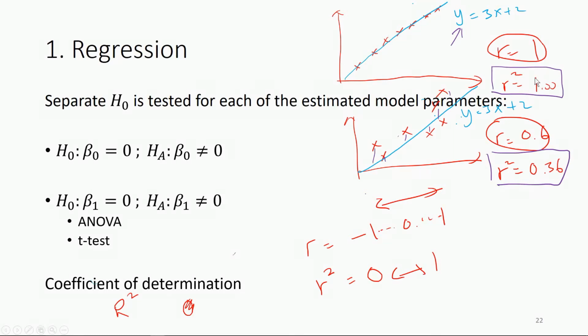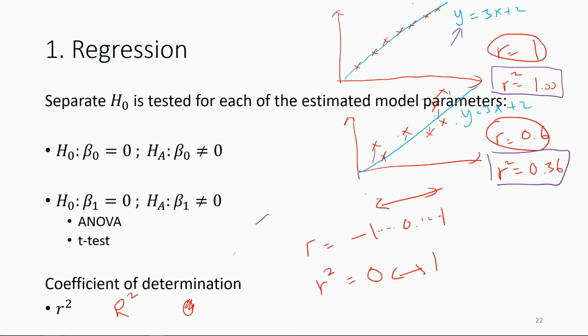If this model explains 36%, how many percent of the variance is not explained? You just take 100 minus 36%, then you have 64%. So this is really not a good model.